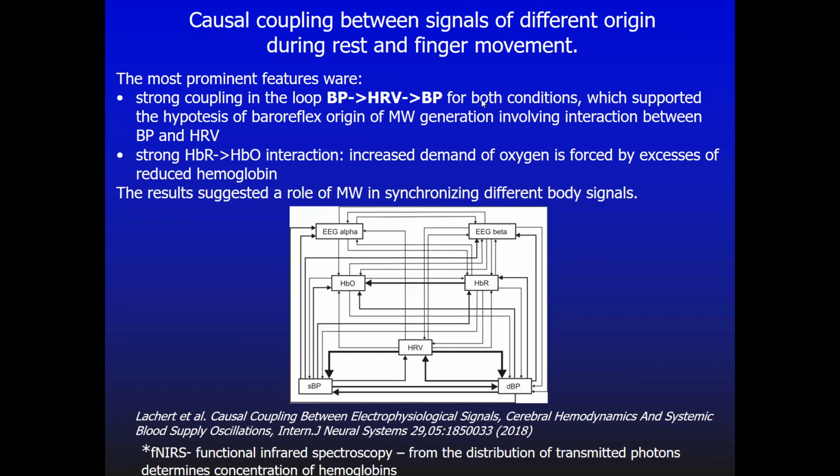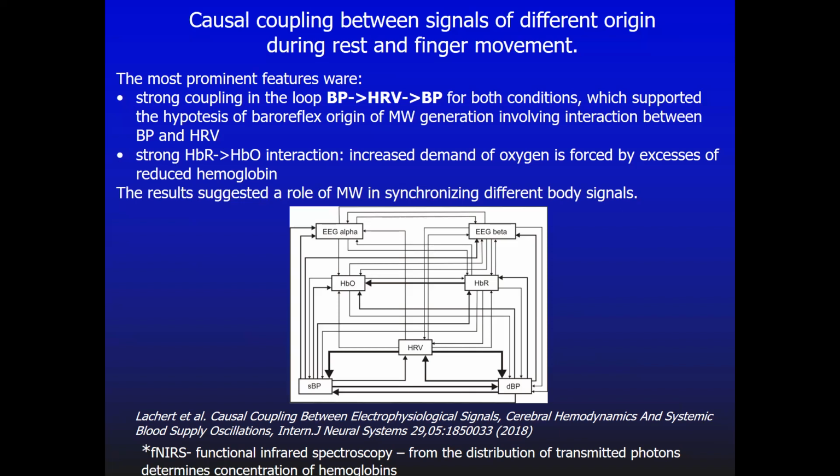However, what is interesting is that the strong coupling in this loop, heart rate variability and blood pressure, persisted in the rest as well as during movement, and also during imagination of movement, which supported the hypothesis of baroreflex origin of Mayer wave generation.